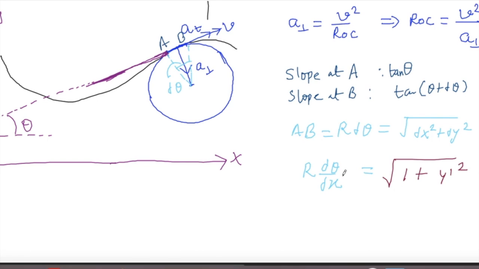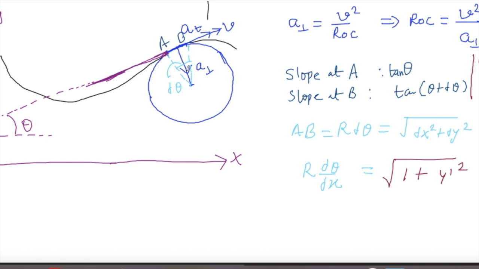Now you want to calculate d theta by dx. You know slope at A is tan theta and slope at B is tan of theta plus d theta. Position of A is x, y, and this is x plus dx, y plus dy. This is your point B.